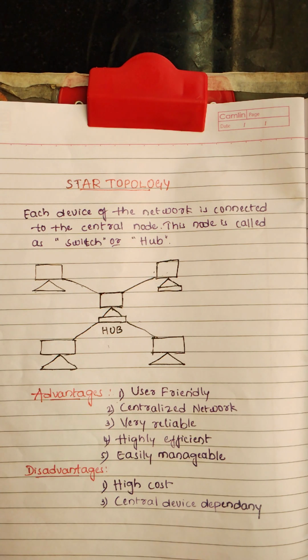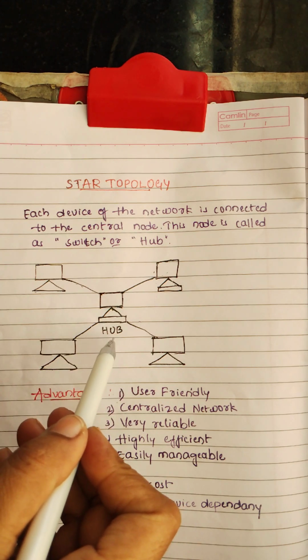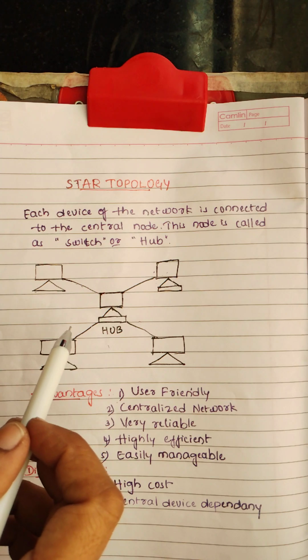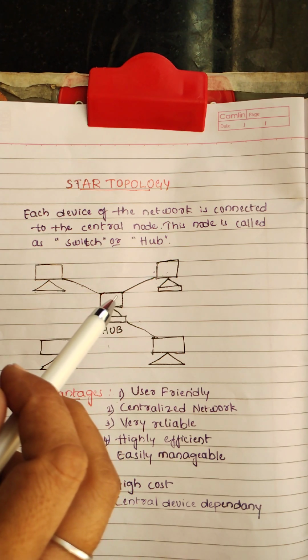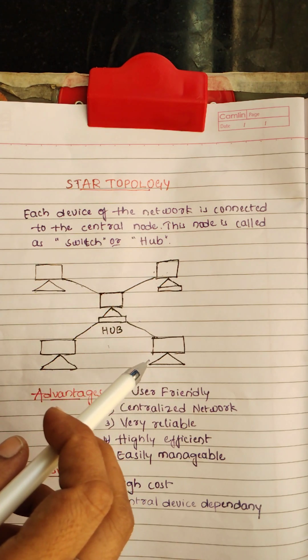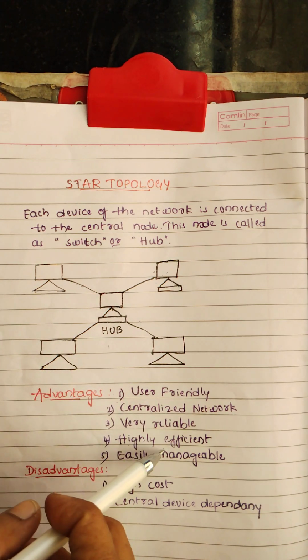And the fourth advantage is that it is highly efficient. It means that here all the devices are connected to the central hub with a separate cable. For that reason there are lower chances of collision between the data. For that reason we said it is highly efficient.